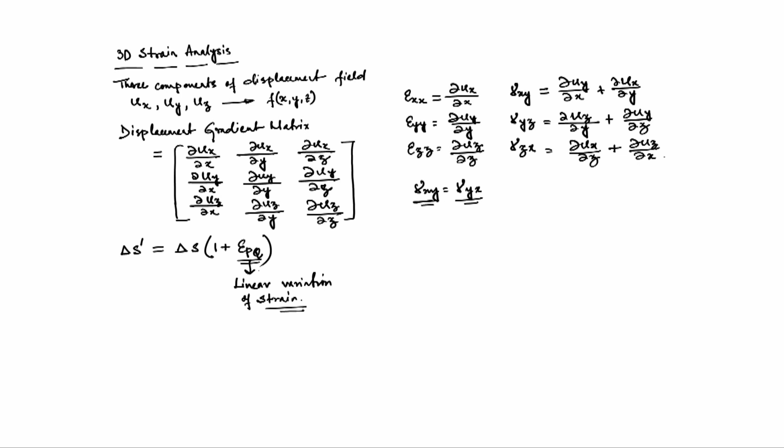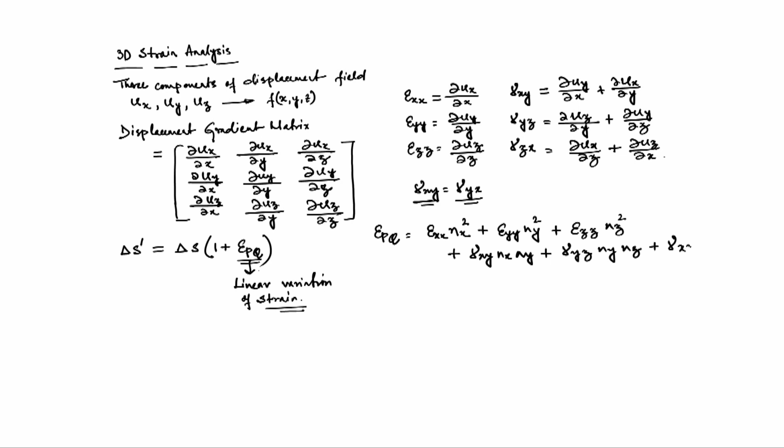Then we also derived the expression of epsilon pq, right. What is that? If you recall, epsilon xx nx square plus epsilon yy ny square plus epsilon zz nz square plus gamma xy nx ny plus gamma yz ny nz plus gamma xz nx nz.